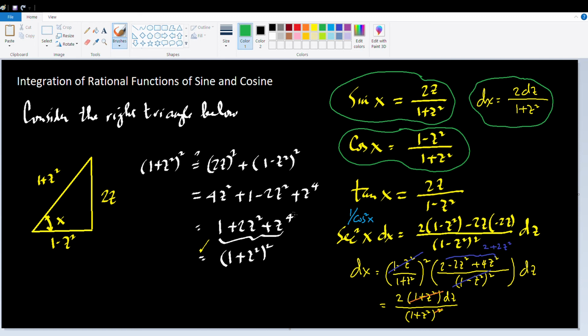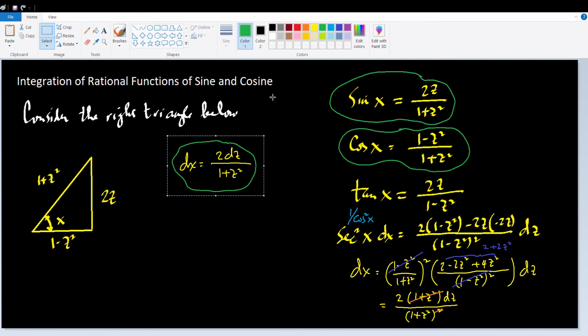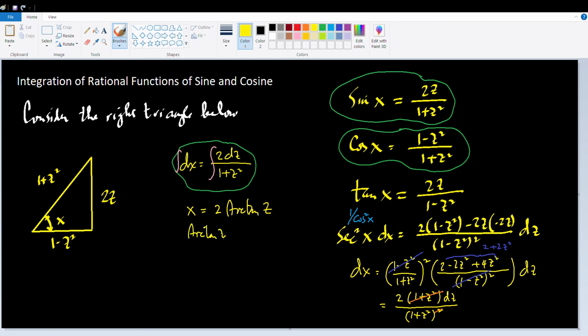And integrating both sides, we'll be getting x equal to 2 arctangent of z, or arctangent of z is equal to x over 2, and solving for z, we take the tangent function of both sides.